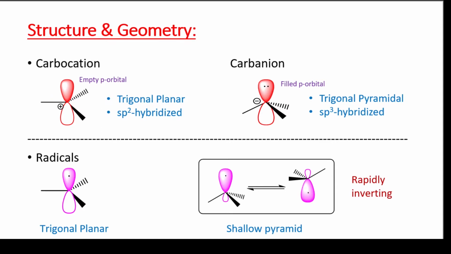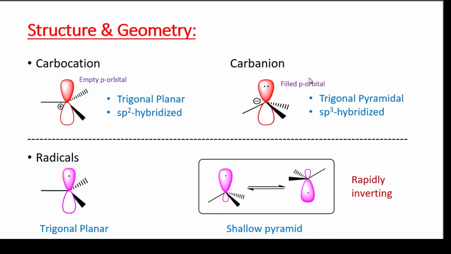So here there is 1 bond, 2 bond, 3 bond. So how many bonds are there? 3. So total 6 electrons, and there are no extra electrons. So this p orbital is empty. Due to 3 bond pairs, the hybridization is sp2, and due to the empty p orbital, the shape is trigonal planar.